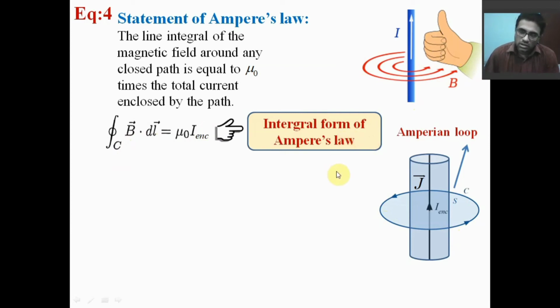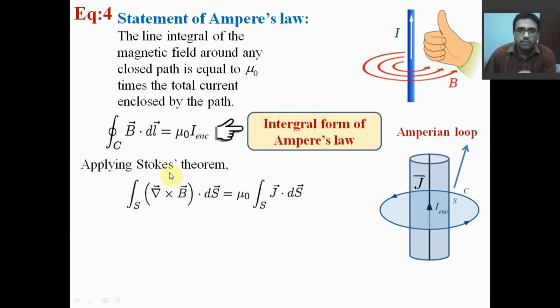Now if we consider a cylindrical rod and current is flowing through it, we have to consider the volume current density, that is J. If we apply Stokes theorem, the integral of curl B dot ds will be mu 0 J dot ds.